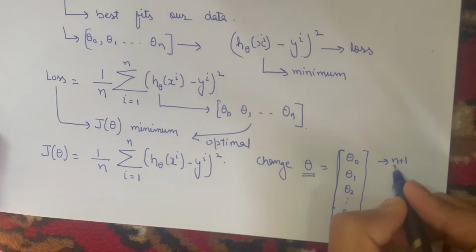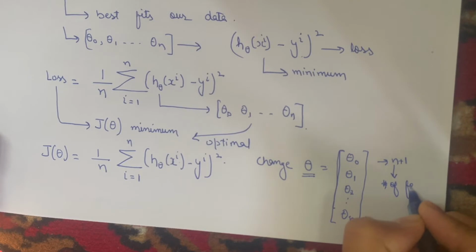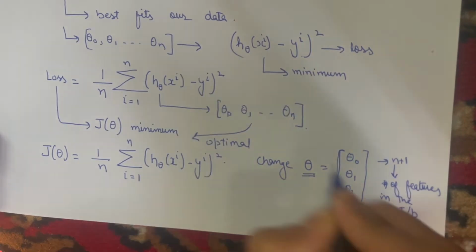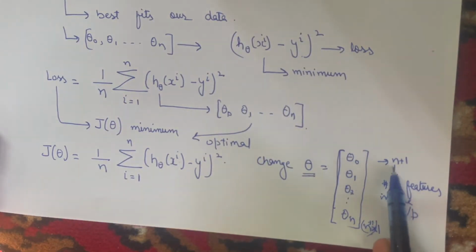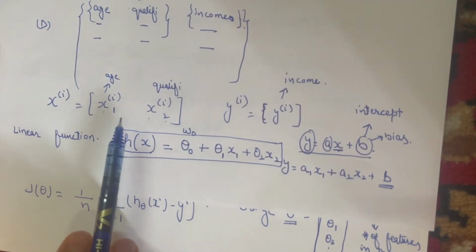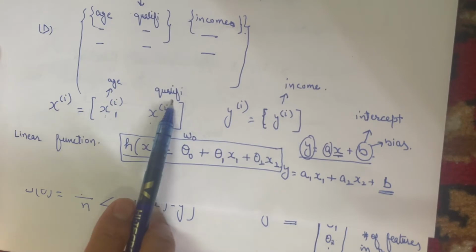So where n is number of features in the input. So here we are having n features, so it was n plus 1. But the example here that we were showing, there were only two features, age and qualification.